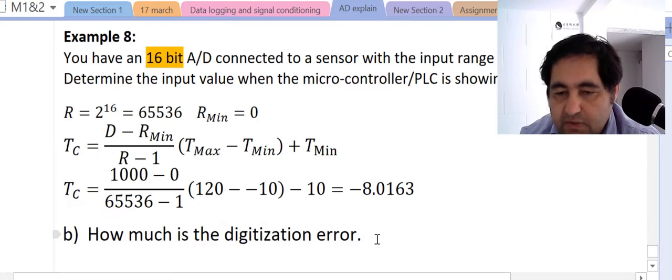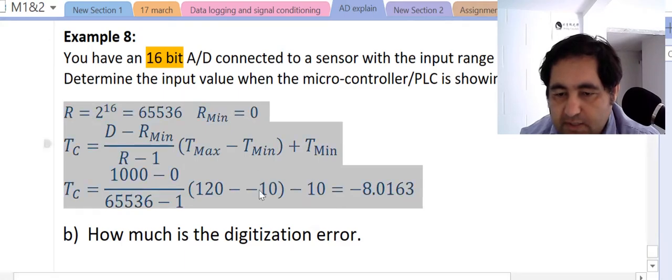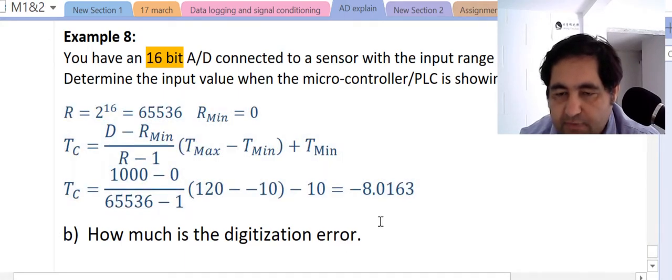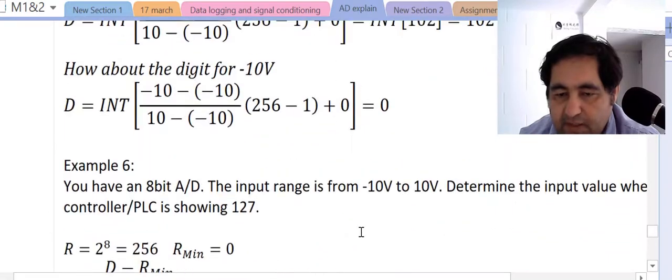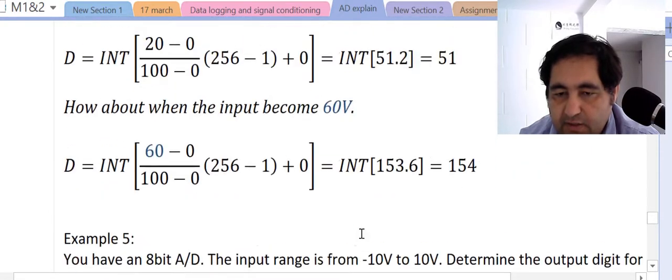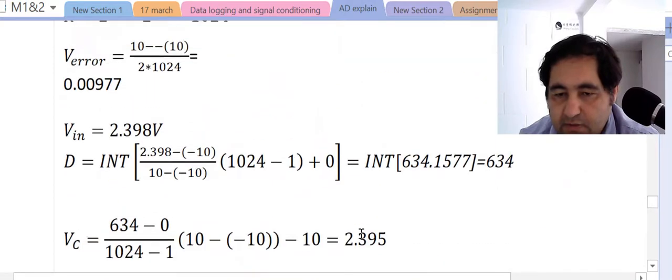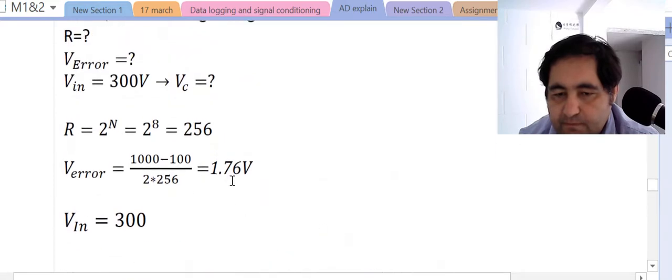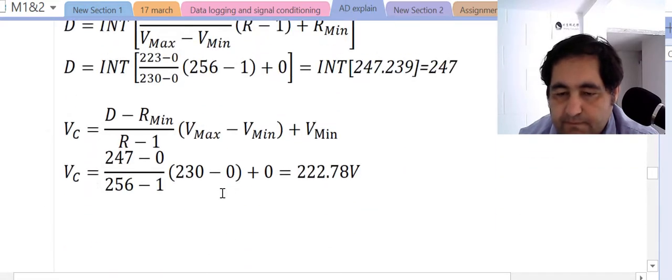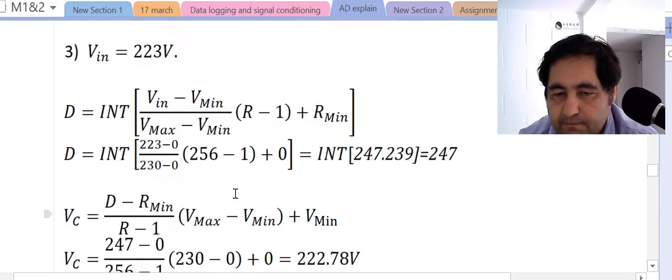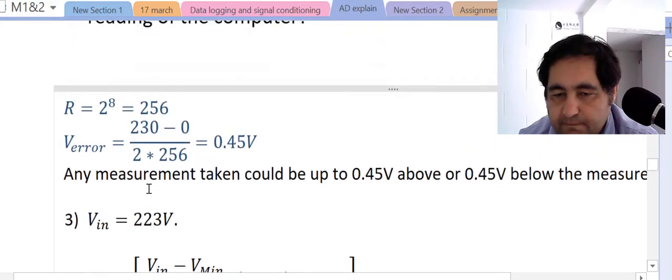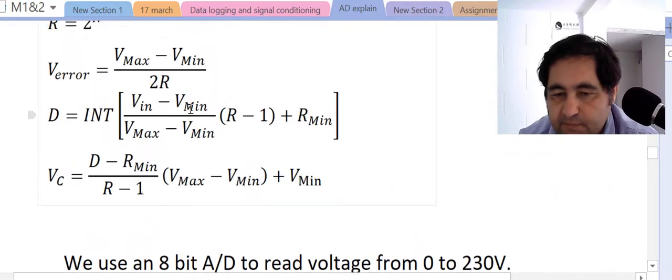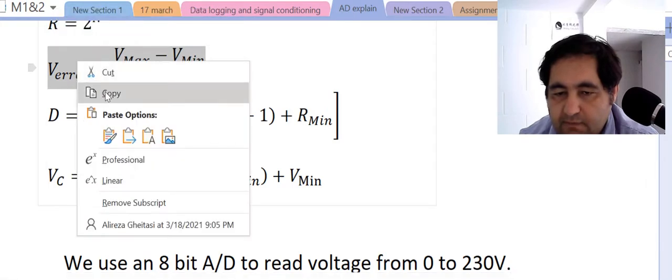Okay, what is the formula that we had for the error? Here was the answer, here's the question, so we separate them. The formula for error was V maximum minus V minimum over 2R, as you can see.